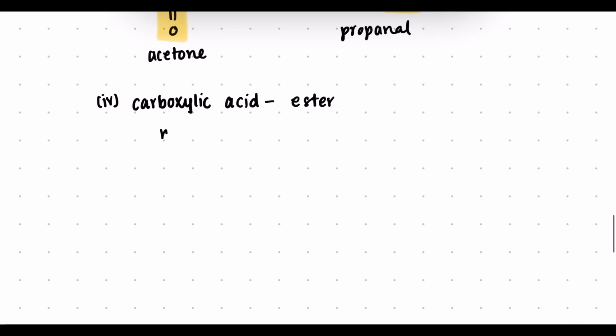So I'm just going to write the names right here, and you can try and write the formula or the structure. Okay, so now just try it out. I'm assuming that you tried it, so let's just continue.